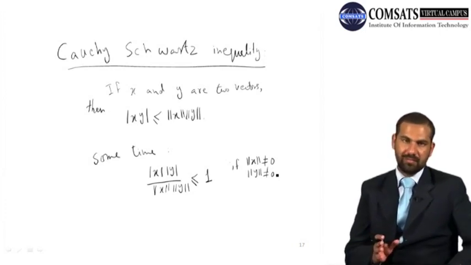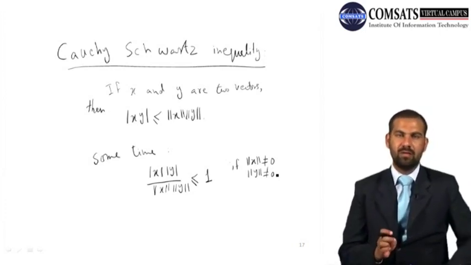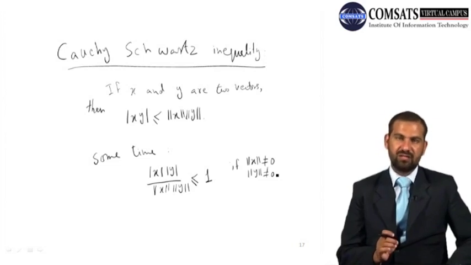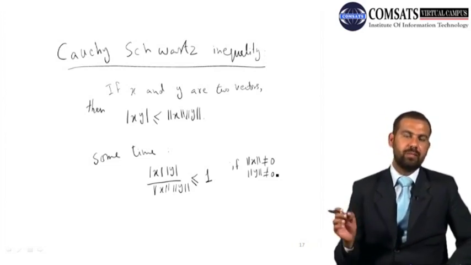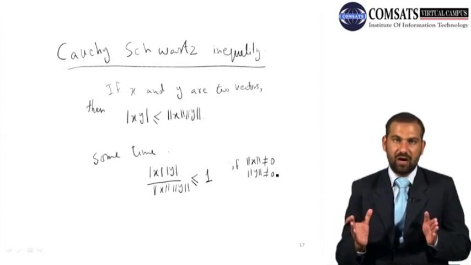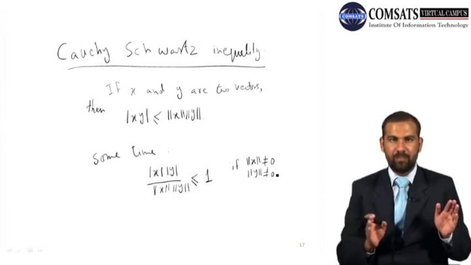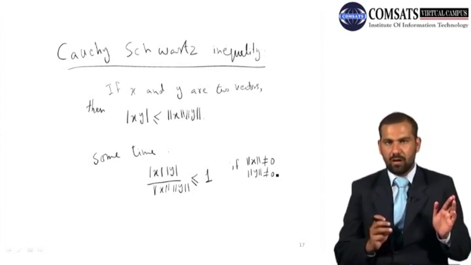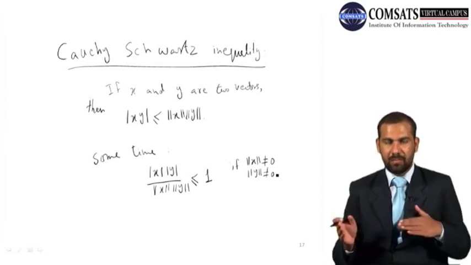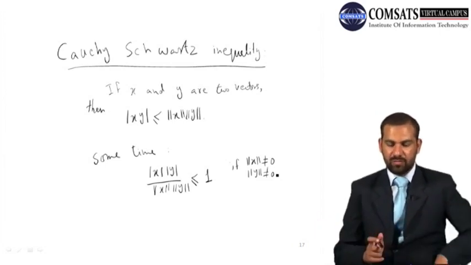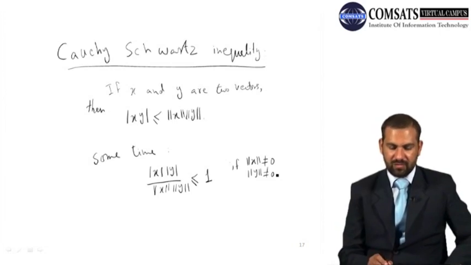Division by zero means the value goes to infinity, but infinity is not part of R, which is the collection of all values between minus infinity and plus infinity. So in this way you can write this one.